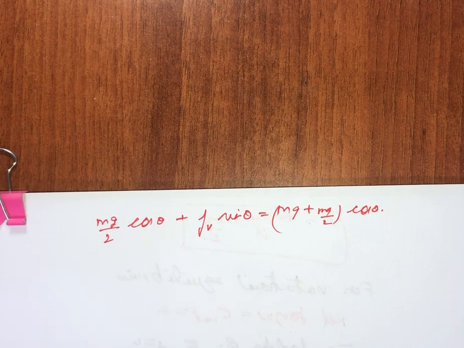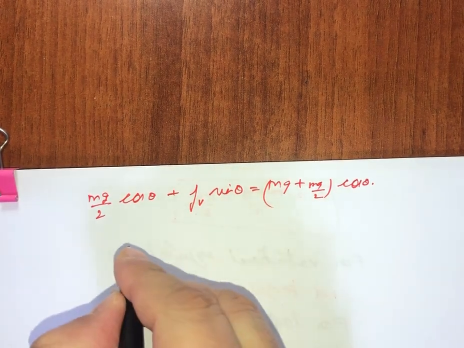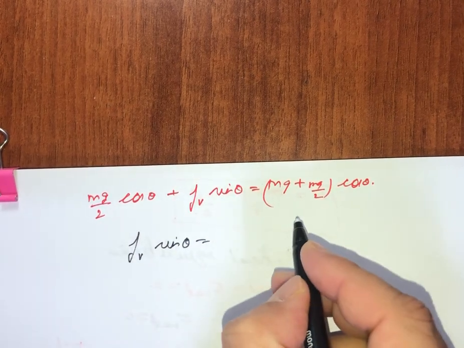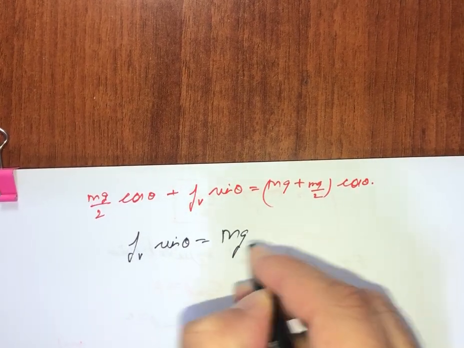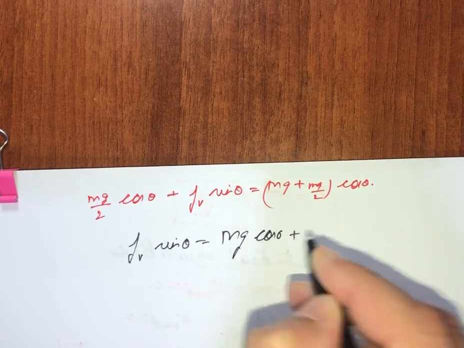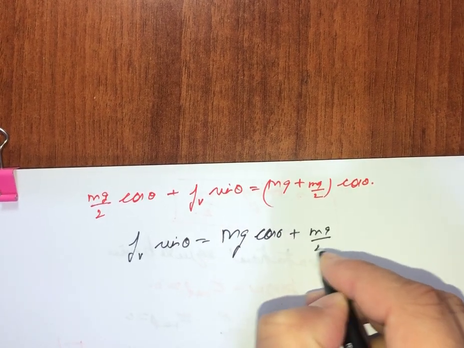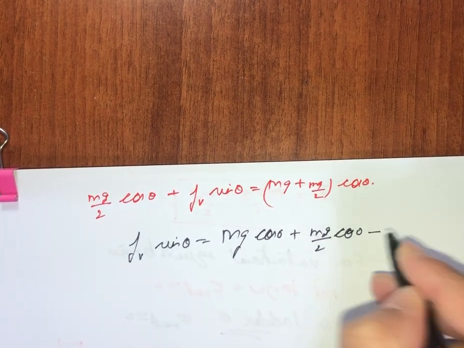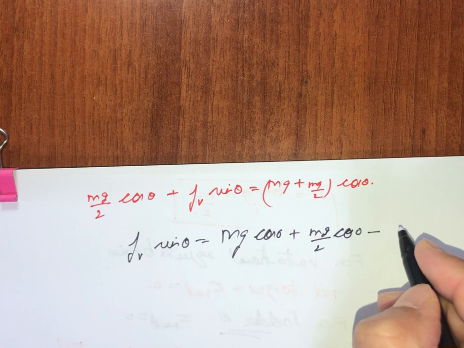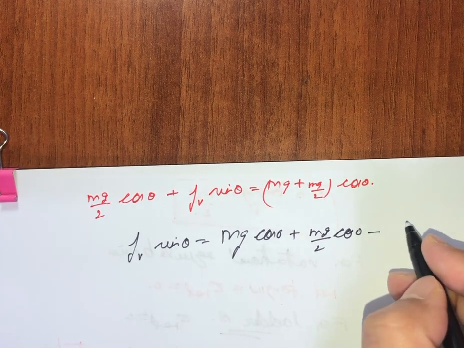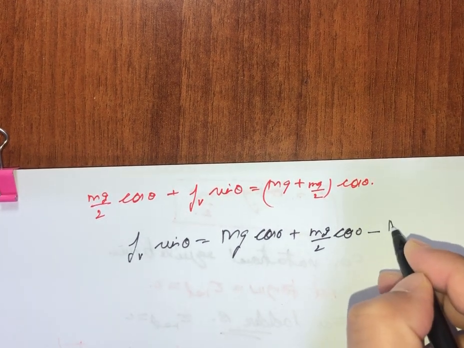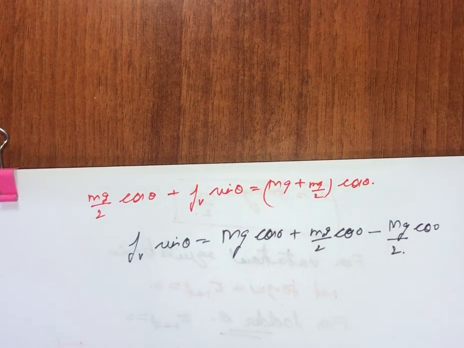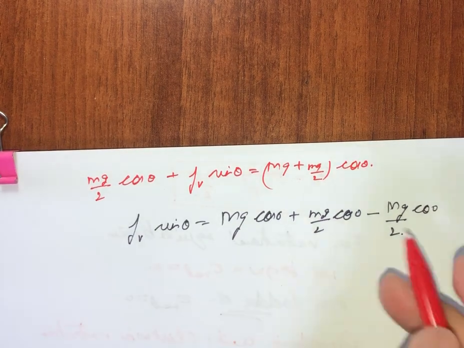From here we are going to find out our Fr sine theta. Fr sine theta is equal to, we open the bracket, this comes mg cos of theta plus mg by 2 cos of theta, and this will be minus mg cos of theta divided by 2. So we can solve these two terms.